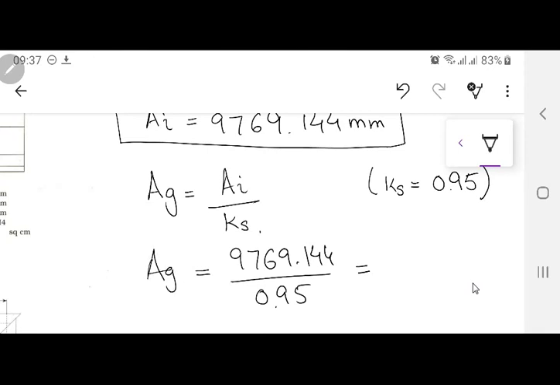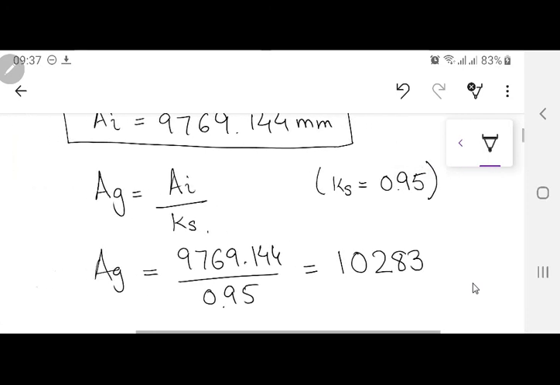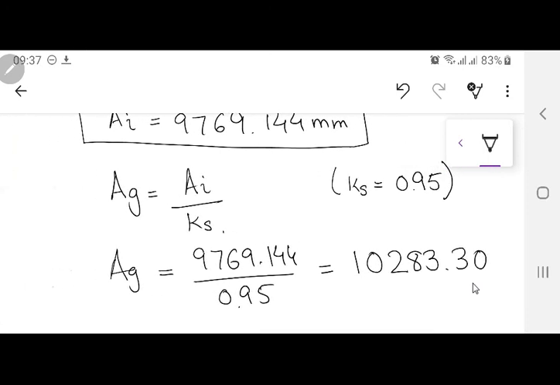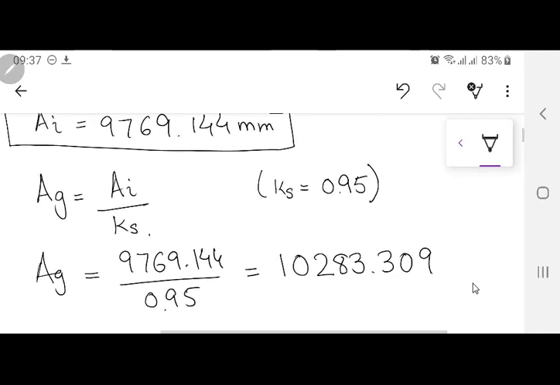G, please give me this value. 10283.30963 millimeter square.